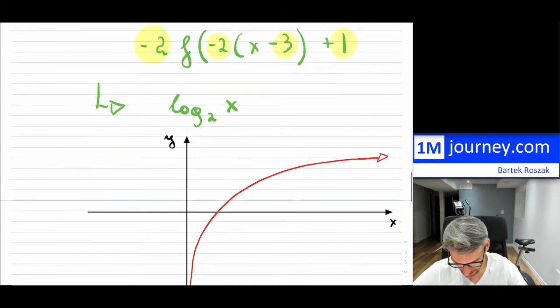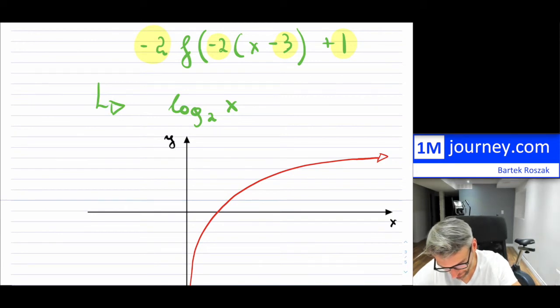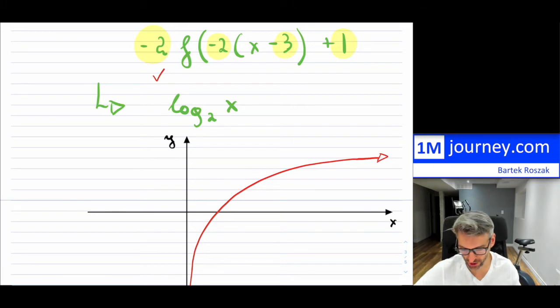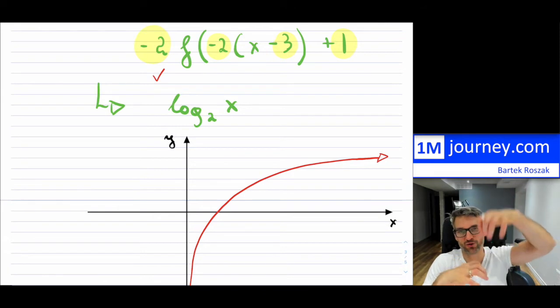Now, first this 2. What do we know about that? For transformations, that 2 is going to be stretching it in the y. So that's what's going to happen.